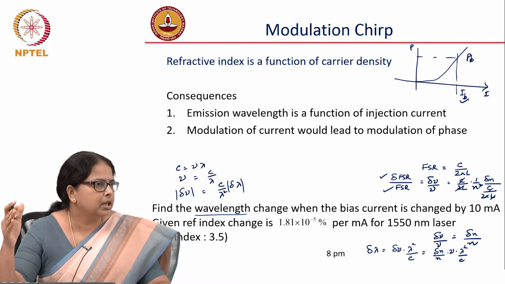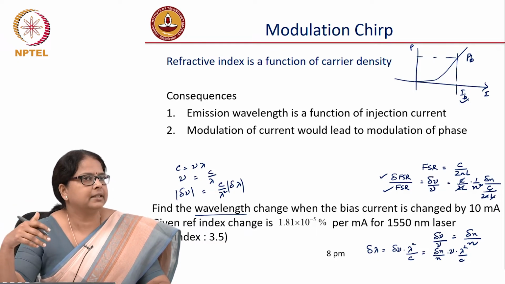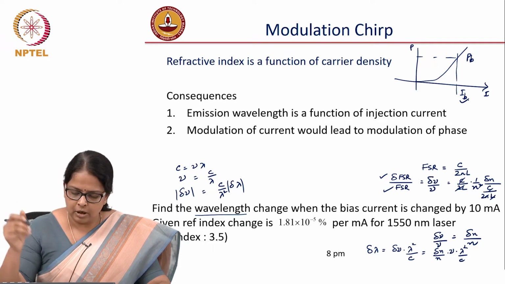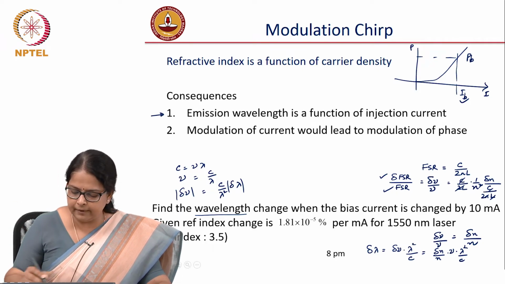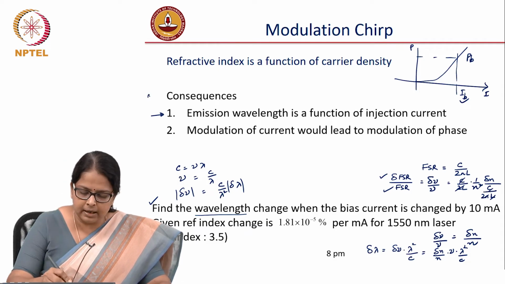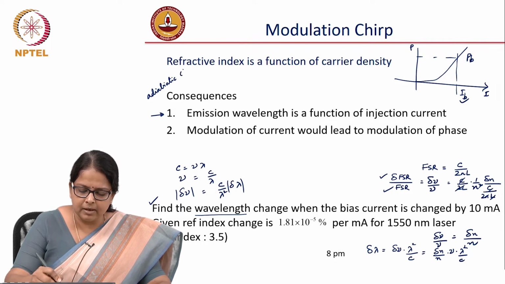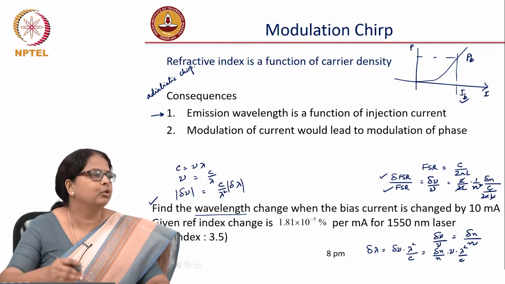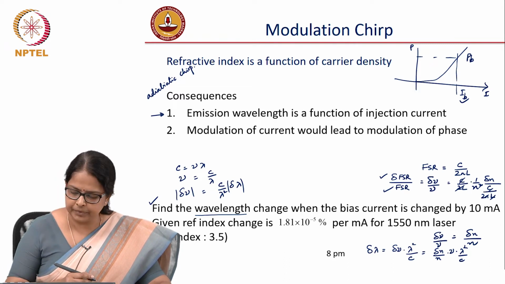It is based on a fixed bias current, and as I set bias current changes, my center wavelength changes. So, this first consequence, what we have calculated here also in this example, is called as the adiabatic chirp. Essentially to say that the carrier density adiabatically changes, and so you have a change in center frequency.